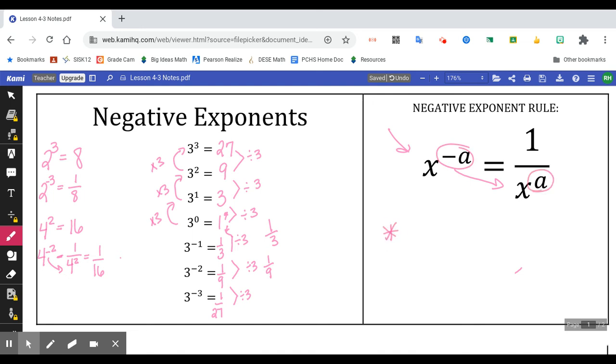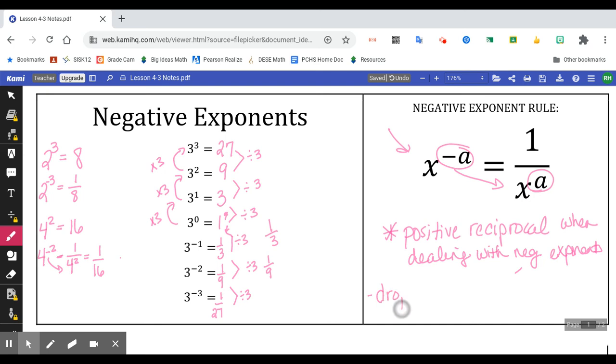So let's talk about that again. It becomes the positive reciprocal when dealing with exponents. Okay, the positive reciprocal. So it drops to the bottom of the fraction, and the exponent becomes positive.